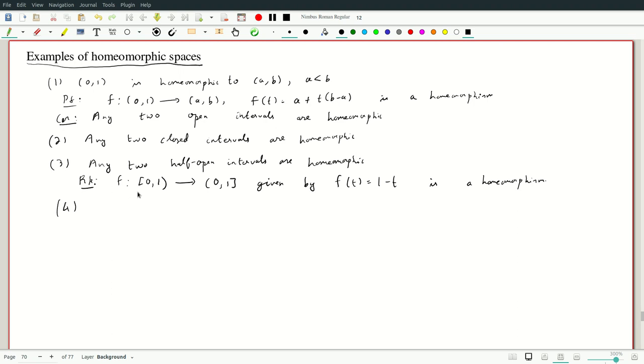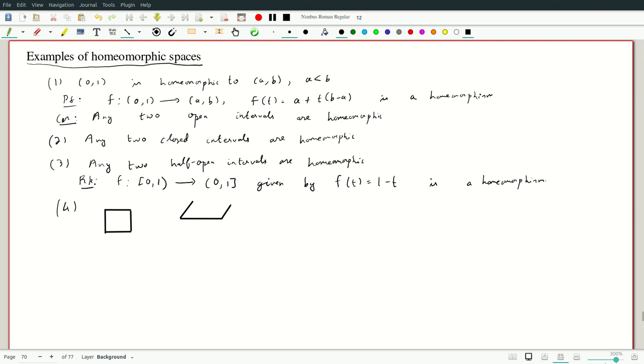Okay. A slightly more interesting one, which will distort the shape a little bit, is let's take, draw it with straight lines, a square, the unit square. And let's take a parallelogram. My drawing is not quite parallel, but it's supposed to be a parallelogram.